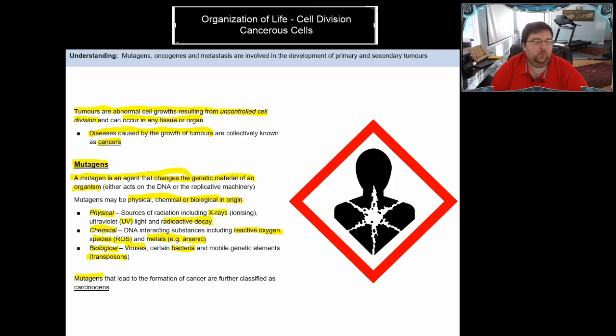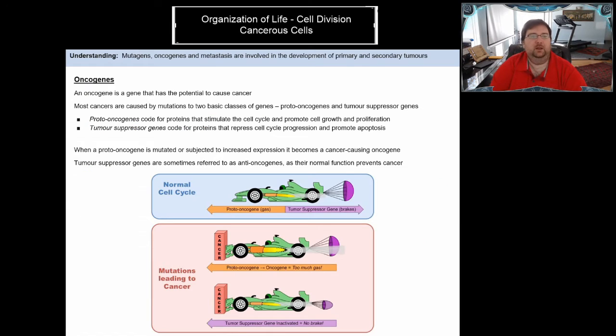The mutagens that lead to the formation of cancer we call carcinogens. If you've seen that word before, a carcinogen is a mutagenic agent, one of these physical, chemical, or biological mutagens that will change your DNA and result in the development of cancer.